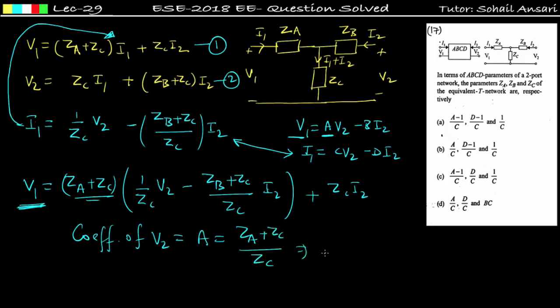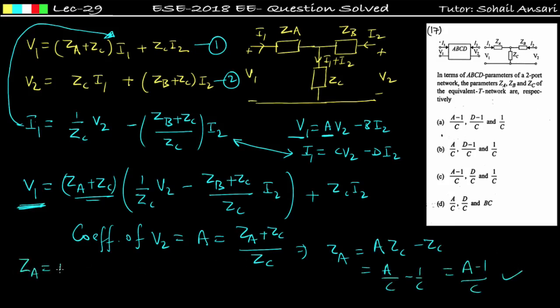So from here, ZA will be equal to A into ZC minus ZC, and we already found the value of ZC, that is 1 upon C. So it will be A upon C minus 1 upon C, that is equal to A minus 1 upon C. So finally what I am getting? I am getting ZA is equal to A minus 1 upon C, ZB equal to D minus 1 upon C, and ZC is equal to 1 upon C. So option A is matching with this expression. So option A is correct.